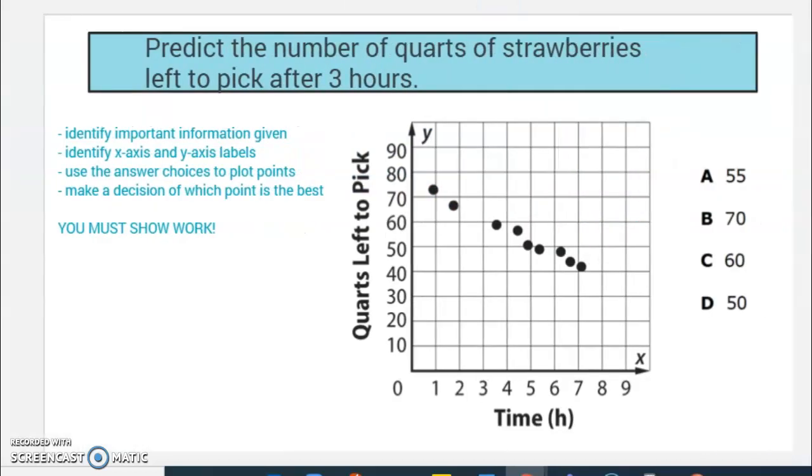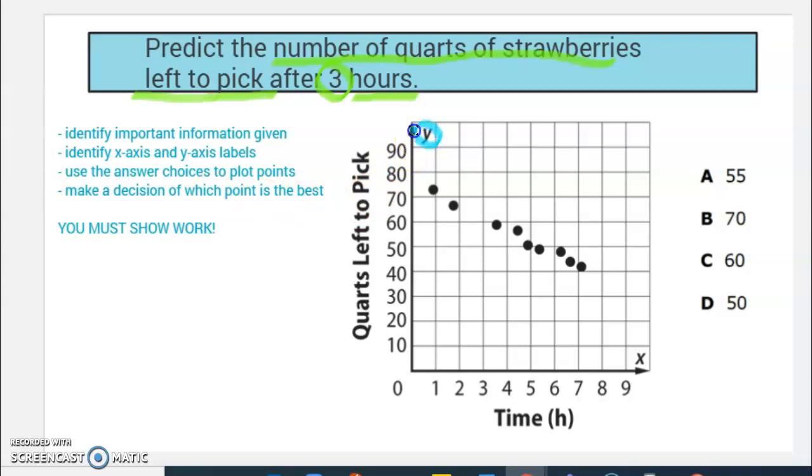Okay, last one we're going to do together, and then you have the rest to work on and submit. Predict the number of quarts of strawberries left to pick after 3 hours. I think that 3 hours is important, and the number of quarts of strawberries left to pick. Okay, so then I'm going to change the color and look at each axis.